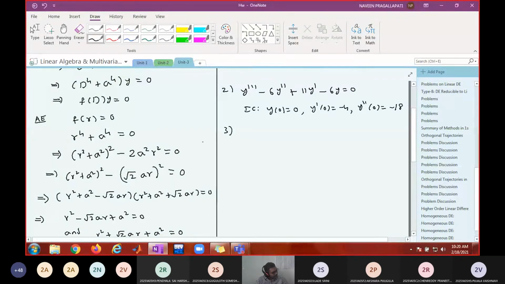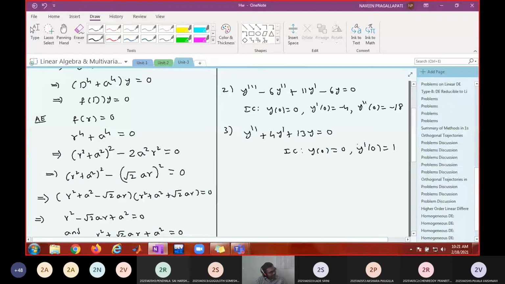So just take one more. y double dash plus 4y dash plus 13y equal to 0 with initial conditions y of 0 equal to 0, y dash of 0 equal to 1.